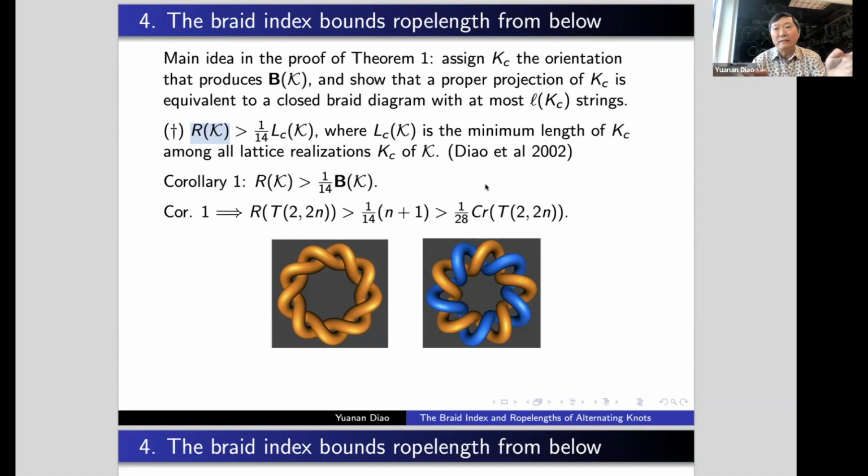Then you can prove that you can make a cubic lattice realization within this tube. Okay, then you blow it up to make it a full length thing. That's where you get this, that's where you get the lattice length, and that's where the constant comes from.